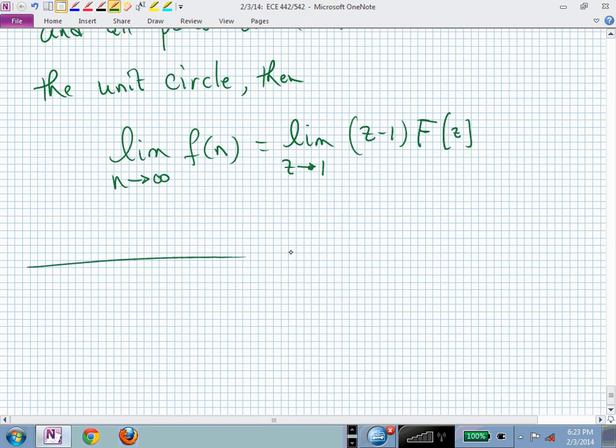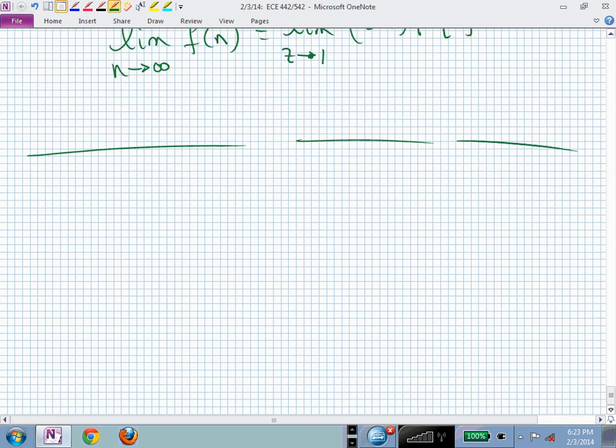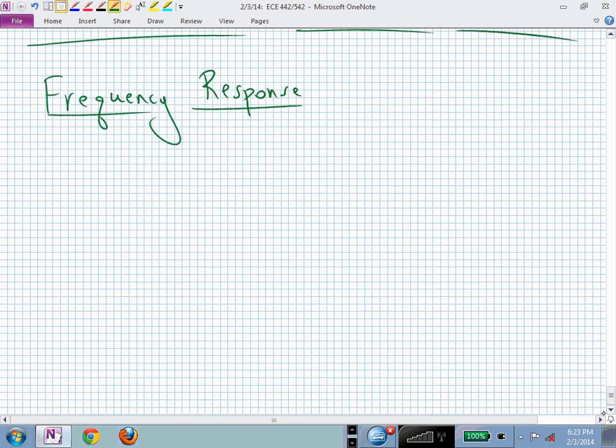Now let's look at what happens when we want to find the frequency response. And now, just to give us something to be thinking about, suppose we are given a system, h of z, which might be a filter, it might be a system.